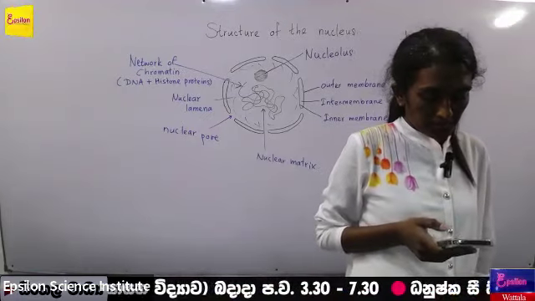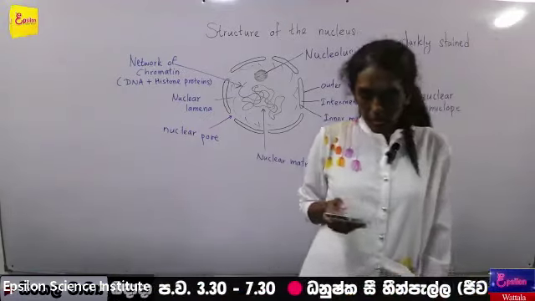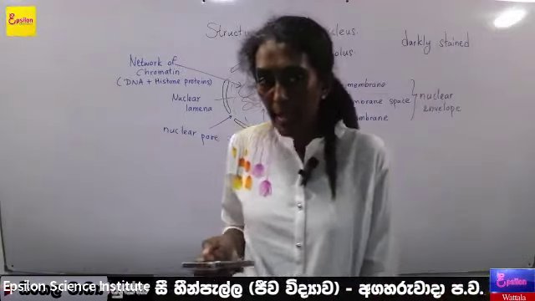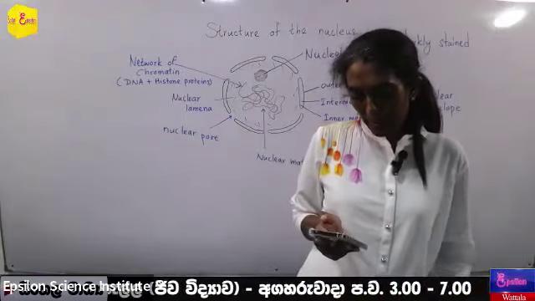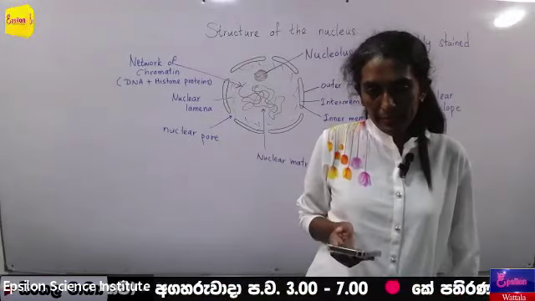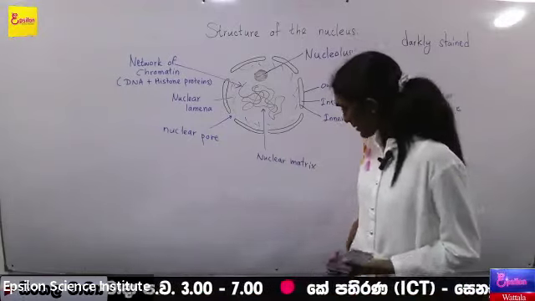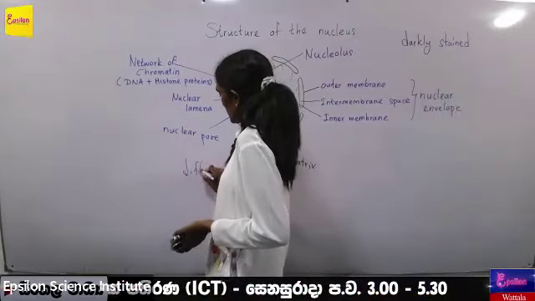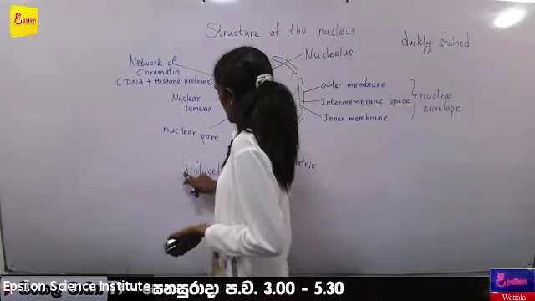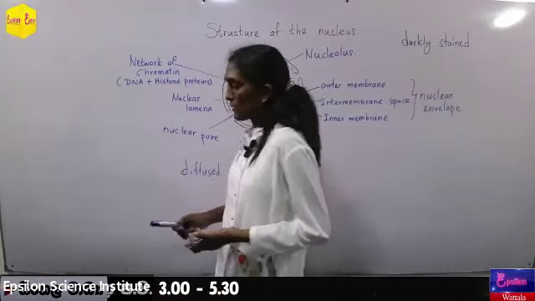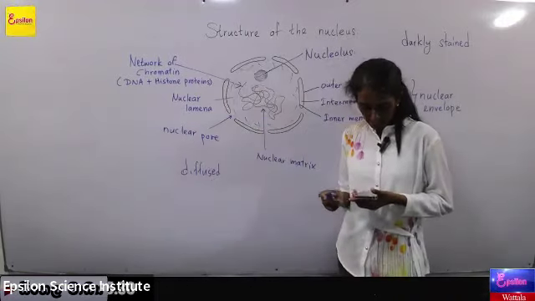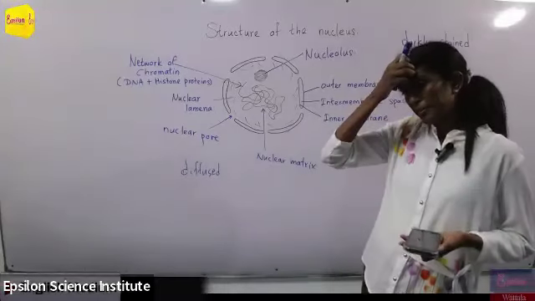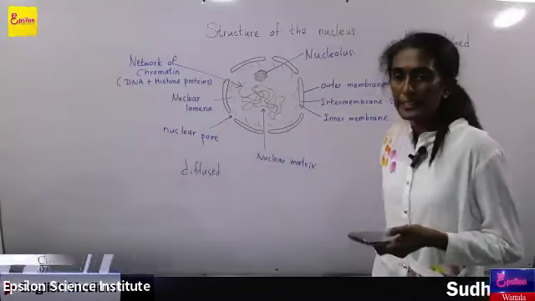Next one. Chromatin appears as a diffused mass in electron micrographs of non-dividing cells.